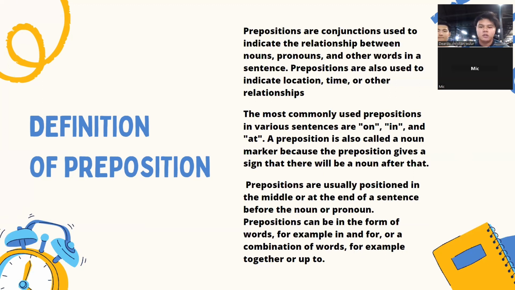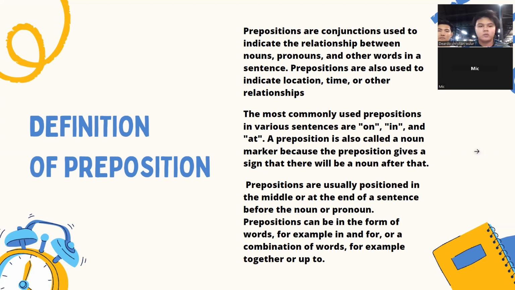A preposition is also called a noun marker because the preposition gives a sign that there will be a noun after that. Prepositions are usually positioned in the middle or at the end of a sentence before the noun or pronoun. Prepositions can be in the form of words, for example, in and for, or a combination of words, for example, together.